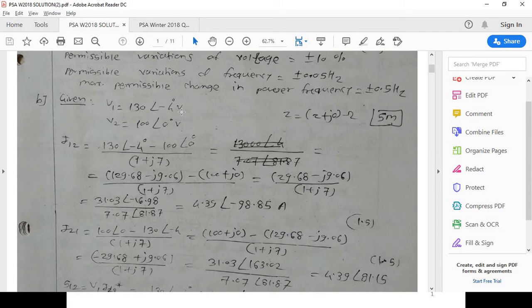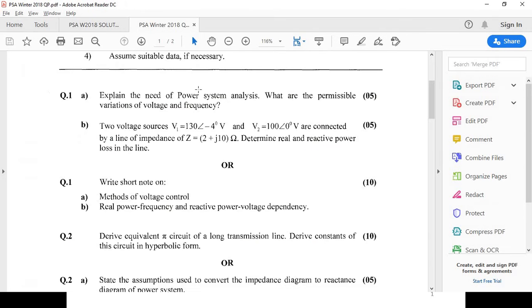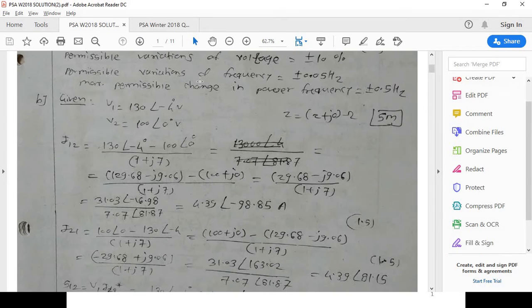It is equal to 130 at an angle of minus 40 degree volt. Voltage source V2 is equal to 100 at an angle of 0 degree volt. That is, voltage values are given in polar form, and Z is equal to R plus jX ohm, the value of the line impedance in ohm, and it is given in rectangular form.